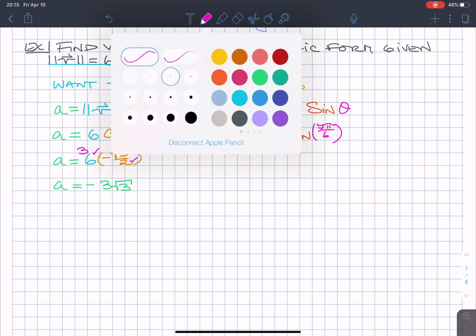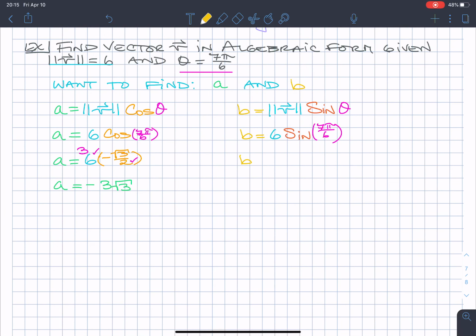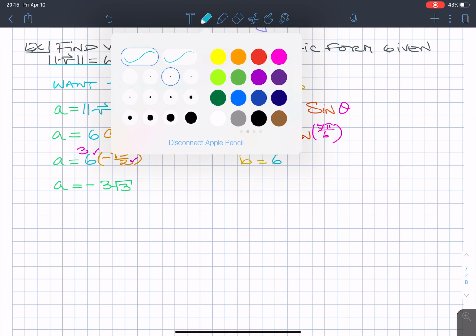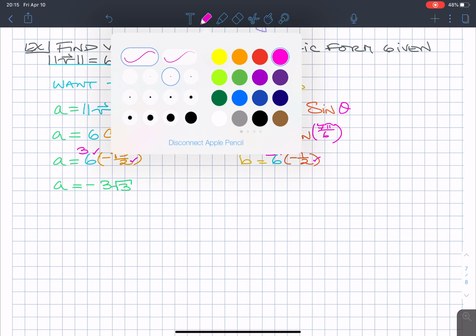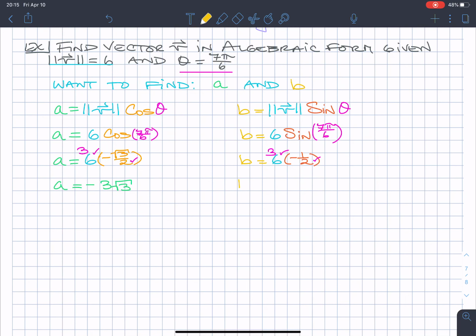In quadrant 3, sine is negative, and at the 30-degree reference angle, it's 1/2. So 2 goes into 6 3 times, so we get that the component b is going to be minus 3.